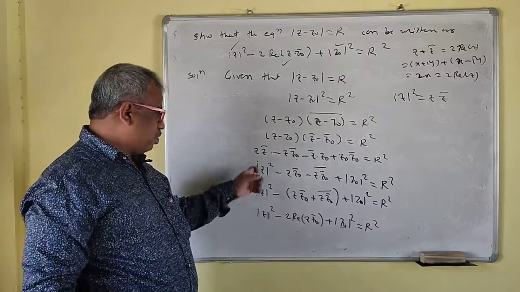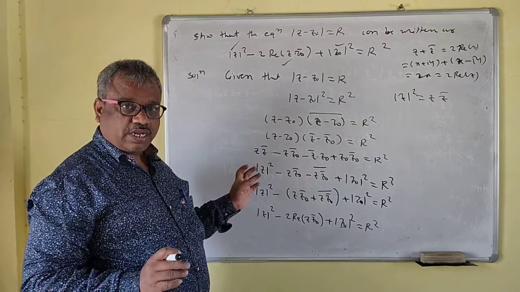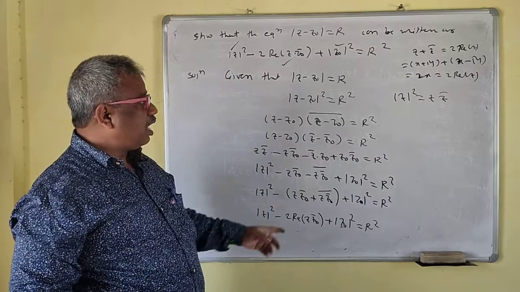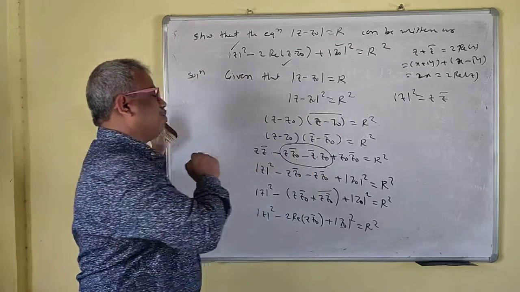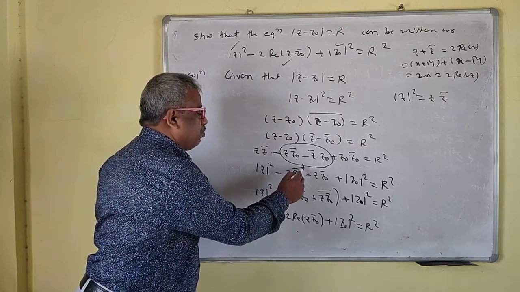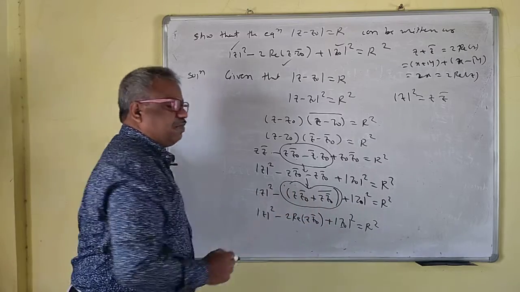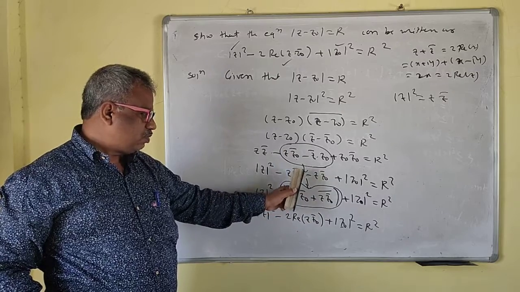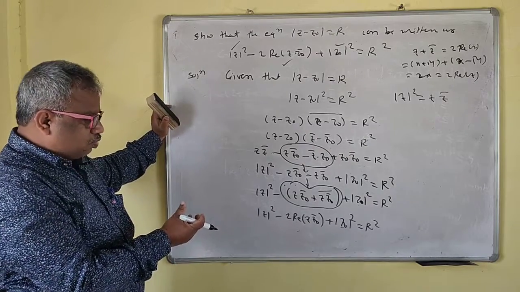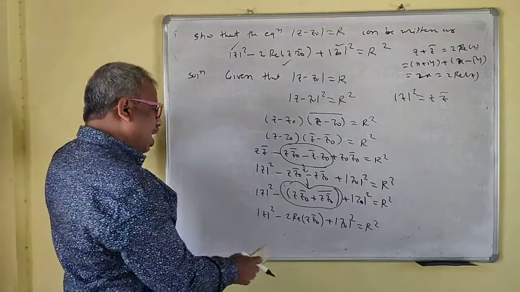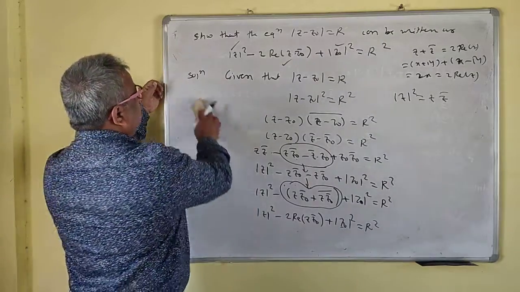We have applied the relation among the complex number, conjugate and modulus, and we have applied that z plus z bar is 2 times the real part of z. This step is very important, this is the crucial part here, from this to this, where we applied that z plus z bar is 2 times the real part of z.